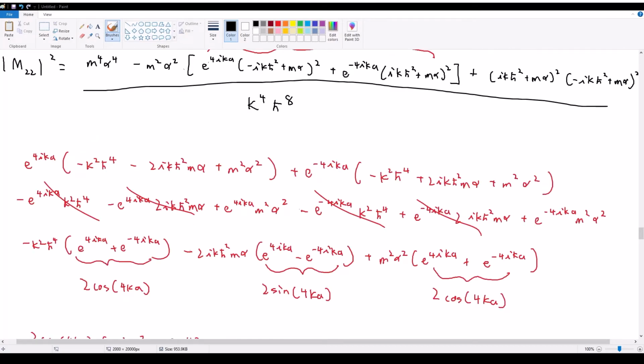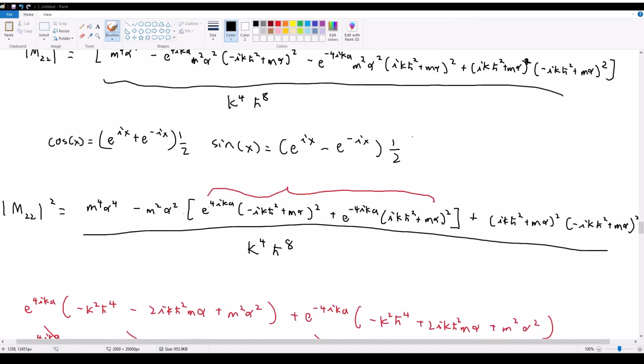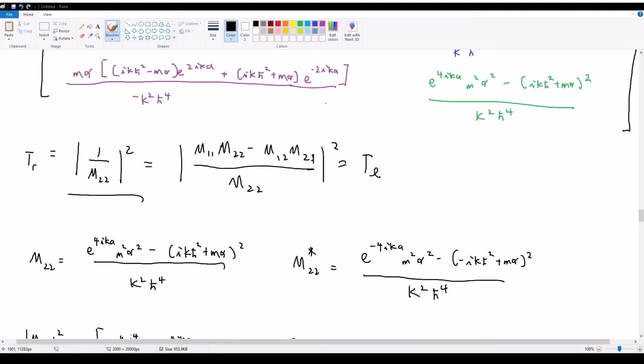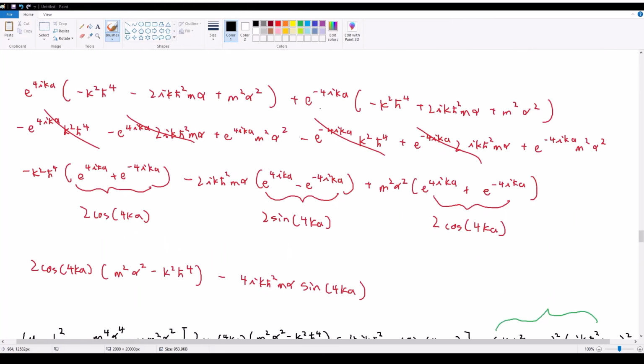I'm sorry, I was looking through this and I just realized I made a very stupid mistake, which is with the sine term specifically, because in actuality, the relation is that e to the ix minus e to the negative ix over 2i is equal to sine x.